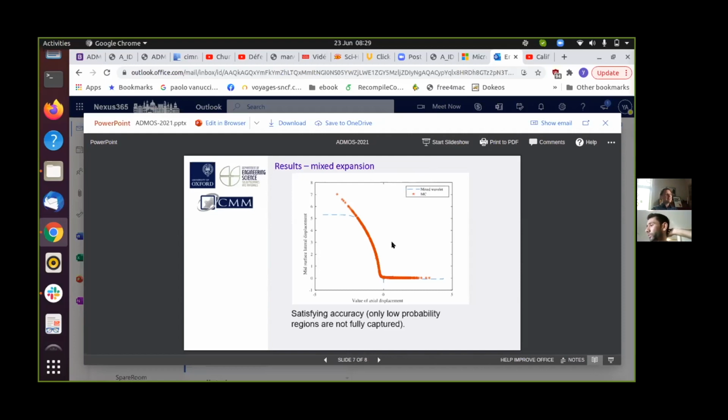That's a good question. To know how many we shall use, we use a convergence. We try to increase the number of functions and see how quickly it converges.